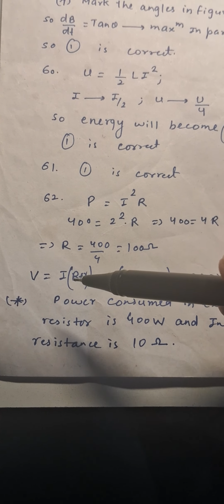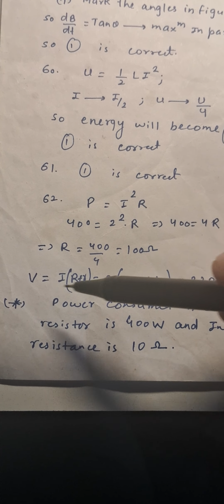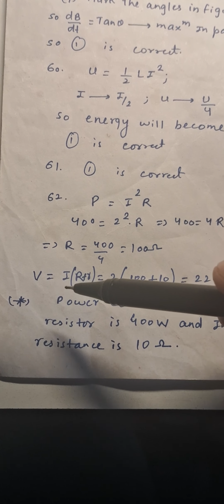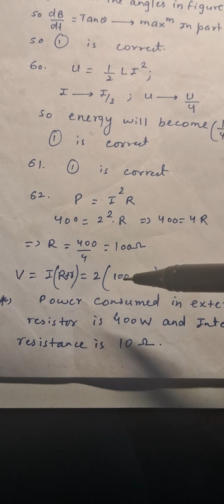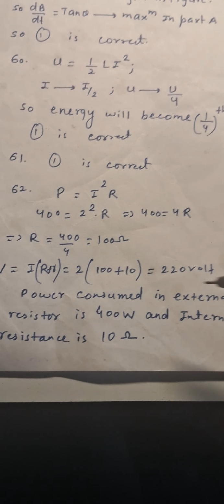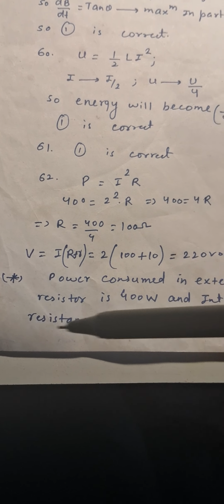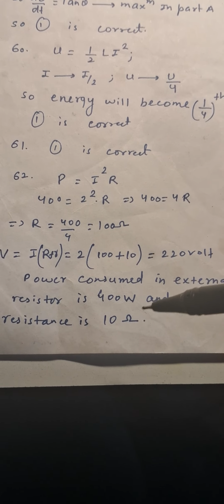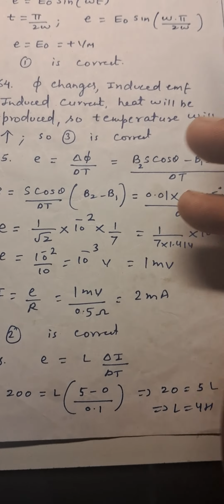If small r and capital R are in series, the effective resistance is R plus r. Using Ohm's law, V is equal to I into R plus small r, where I is 2 and R plus r comes out to be 110, so it is 220 volt. So in this way you can calculate this. The external resistor is 100 ohm and the internal resistance is 10 ohm. These are the calculations based on that.